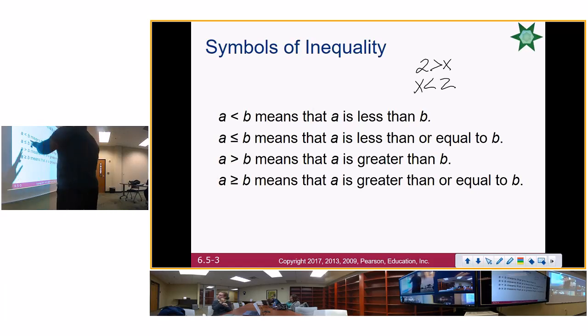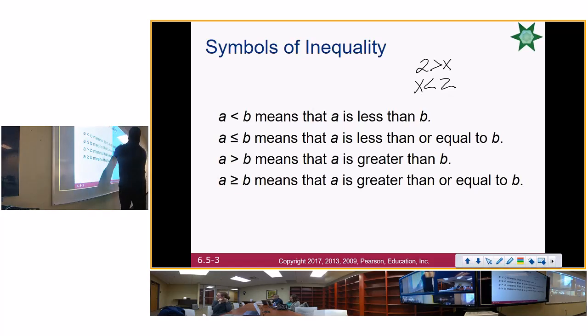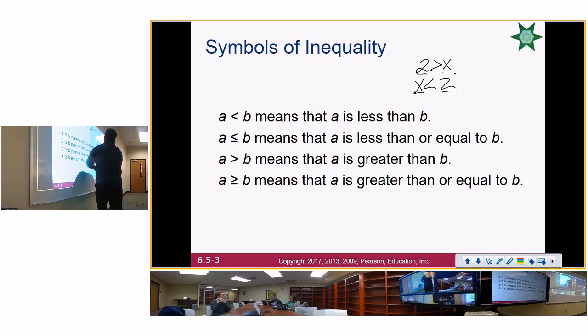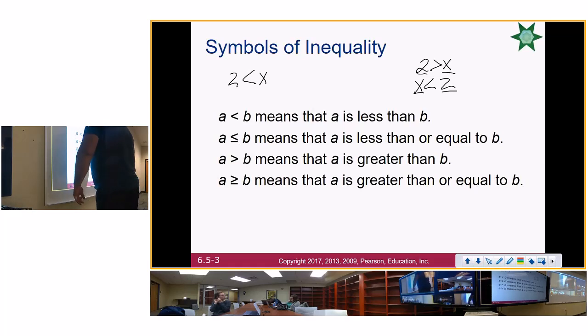These signs mean nothing unless you got what beside them? Unless you got the context beside them. Okay? So, calling this less than? No. Because I can say x is greater than what? 2. Or I can say 2 is less than what? x. I don't like the way they do this.